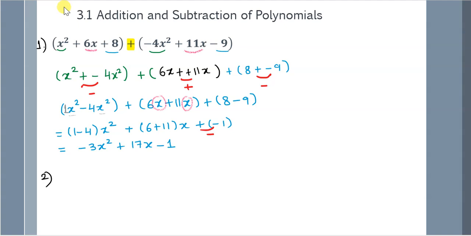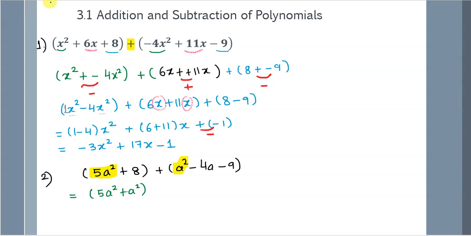Suppose we take another example, 5a square plus 8 plus a square minus 4a minus 9. Now I try to do it directly. So the terms of a square, 5a square and a square. What you will get? 5a square plus a square.